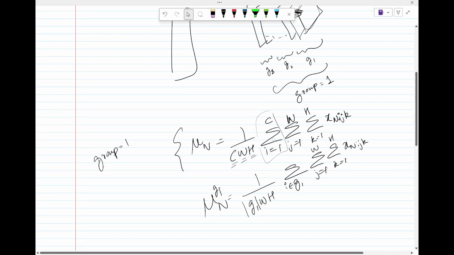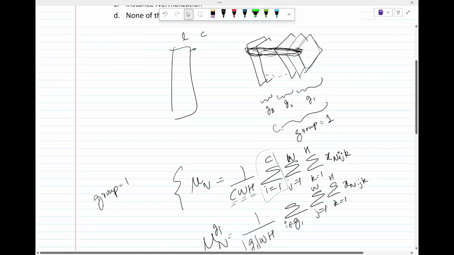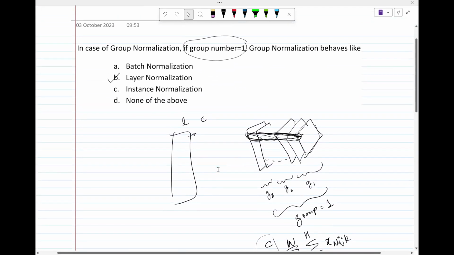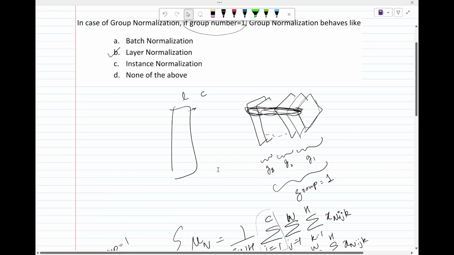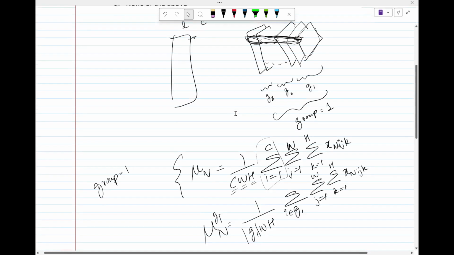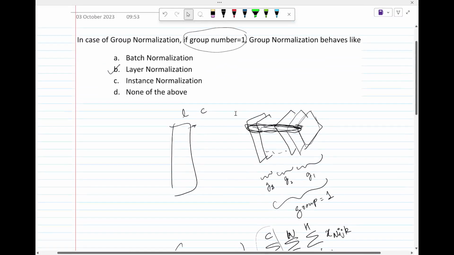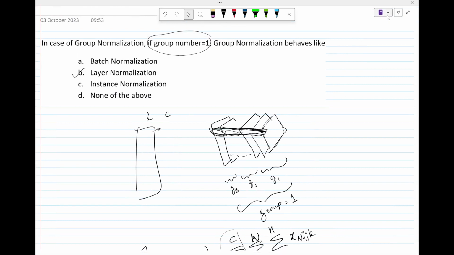So when you're normalizing, you're summing over the inputs of each of the channels, for a given instance. Okay, I'll go to the next question then.